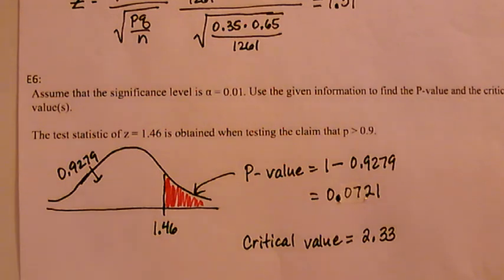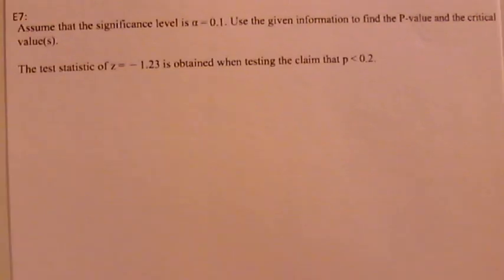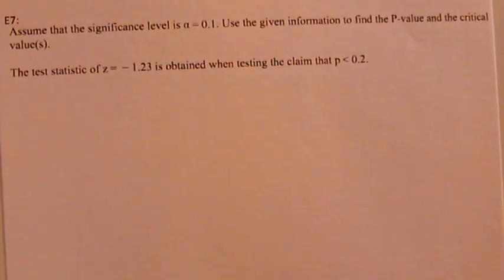Okay. All right, here's another example of finding p-values and critical values. Assume that the significance level alpha is equal to 0.1. Use the given information to find the p-value and the critical values. Here your test statistic z is equal to negative 1.23, and that's obtained when testing the claim that p is less than 0.2.